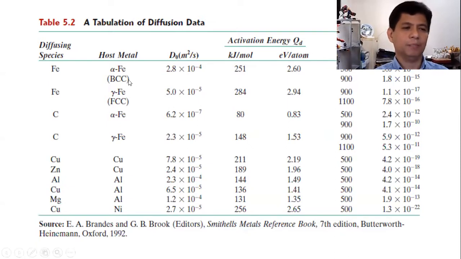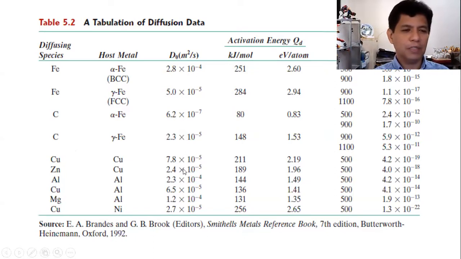Mas compressed kasi yung BCC. Occupied niya yung gitna. Yung nasa phase lang yung medyo may vacant. Mas mabilis dito. Iba-iba pa. Copper and copper. Mabilis din, zinc and copper.